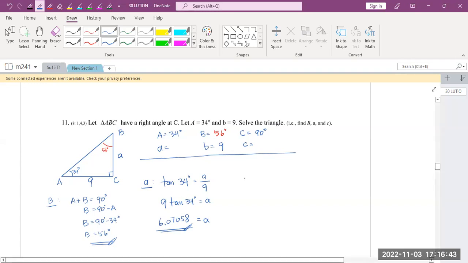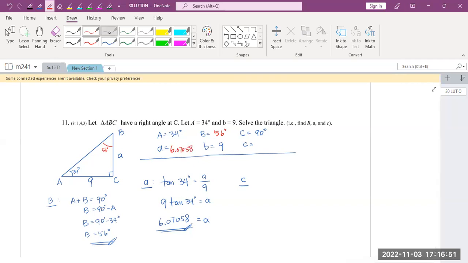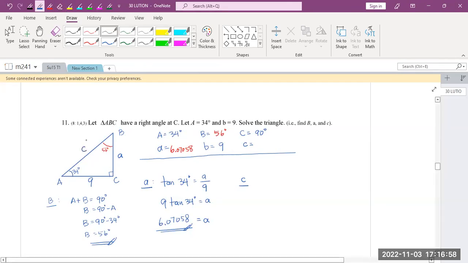How about side C, which is the hypotenuse? What relates side C, the hypotenuse, with 9 and 34 degrees? Oh, that's the cosine. Cosine 34 degrees equals 9 over C. C times cosine 34 degrees equals 9.